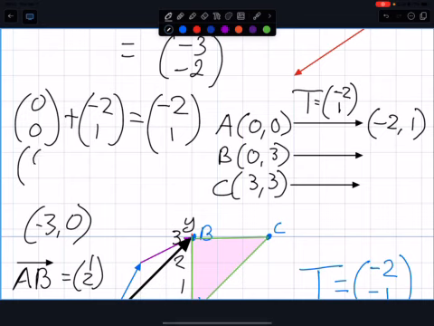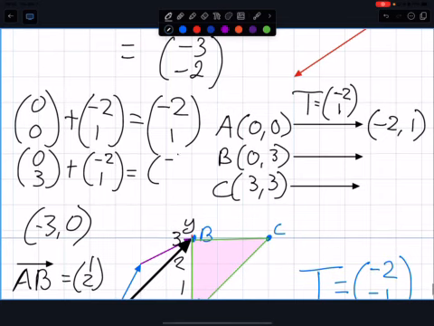B, 0, 3 with -2, 1 is standing where? At -2, 4. There is where B is standing now.